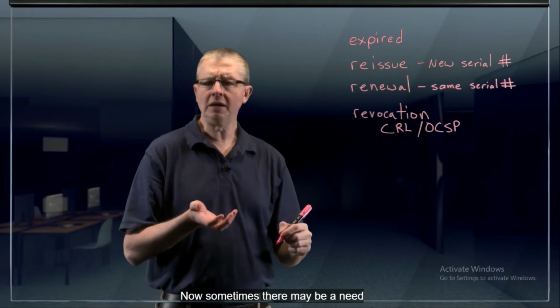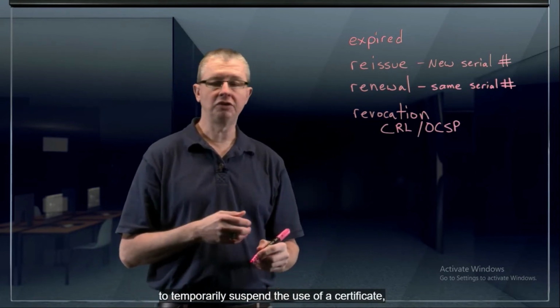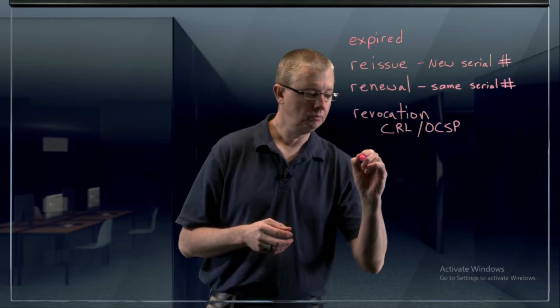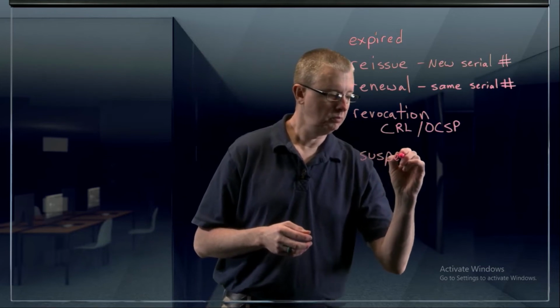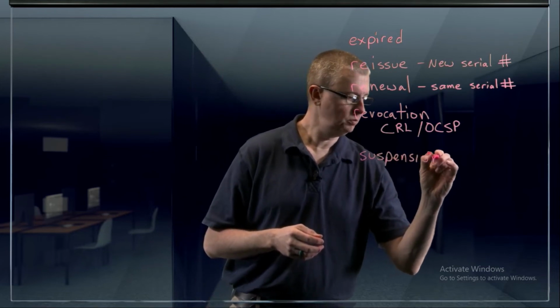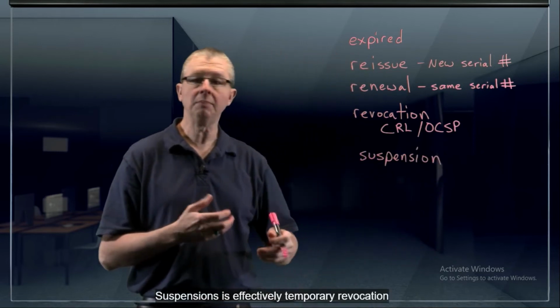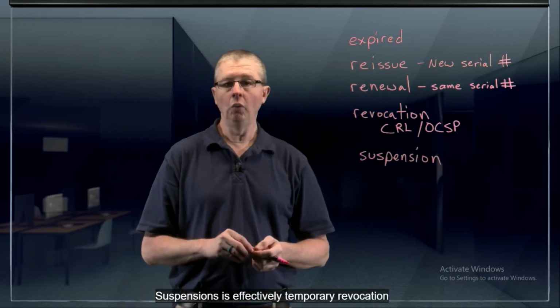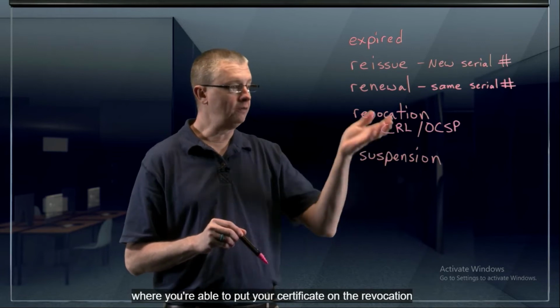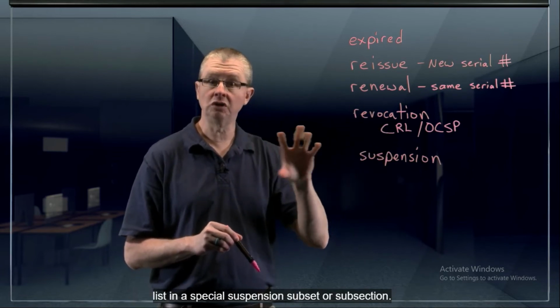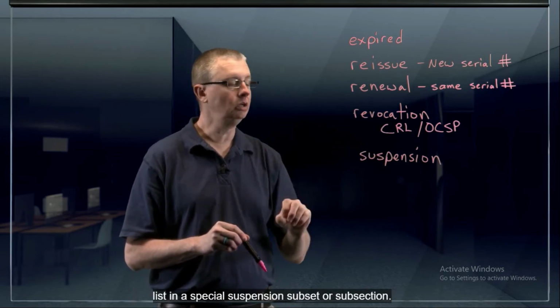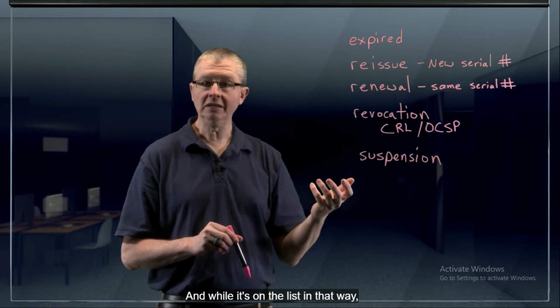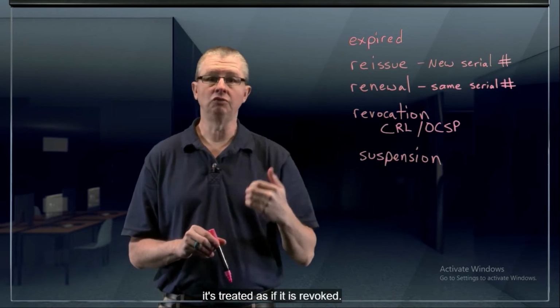Now, sometimes there may be a need to temporarily suspend the use of a certificate, and that's called suspension. Suspension is effectively temporary revocation, where you're able to put your certificate on the revocation list in a special suspension subset or subsection, and while it's on the list in that way, it's treated as if it is revoked.